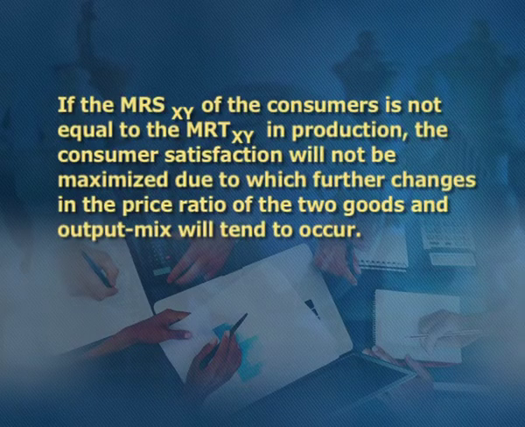To analyze the general equilibrium of output mix, consumer preference pattern or demand for goods is introduced. If the MRSXY of the consumers is not equal to MRTXY in production, the consumer satisfaction will not be maximized, due to which further changes in the price ratio of two goods and output mix will tend to occur.